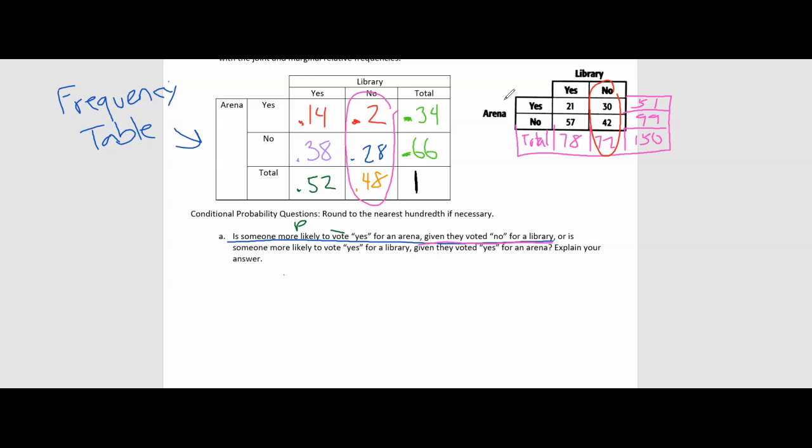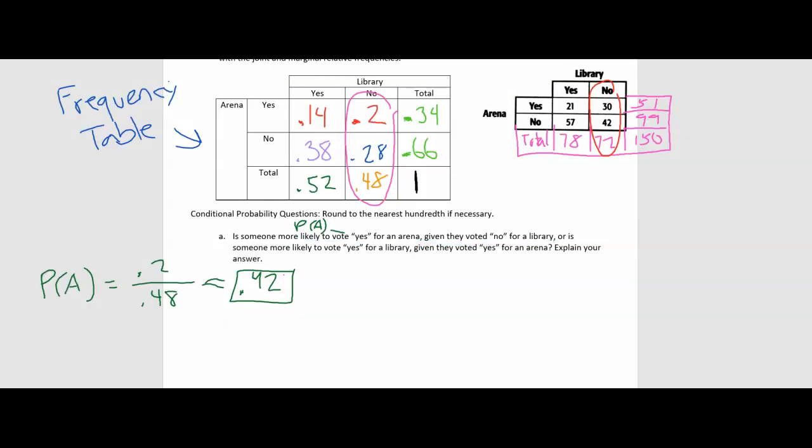We'll just call this probability of A. So probability of A, yes to the arena, is 0.2 over 0.48, because that is the total probability for that column. So 0.2 divided by 0.48 gives us approximately 0.42 if we're rounding to the nearest hundredth.